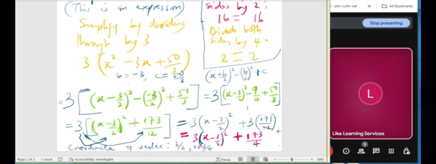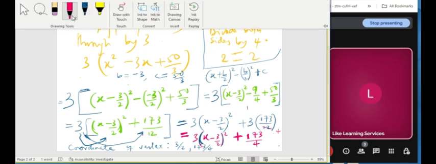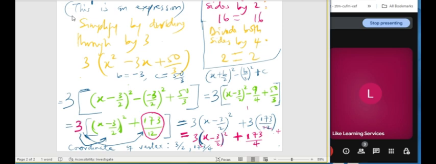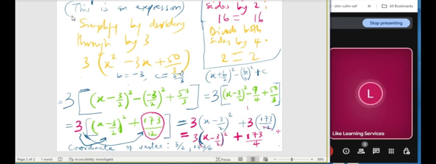That's what you should take note of. Don't fall for the trick that 173 over 12 is the y coordinate of the vertex. It is not. We distributed the 3 outside: 3 times that, and 3 times that, before we could get the actual y coordinate of the vertex.